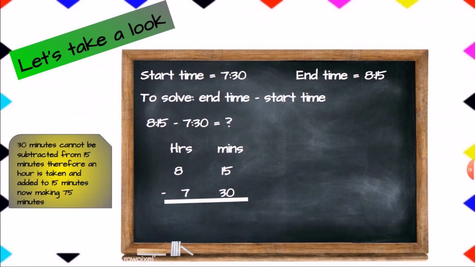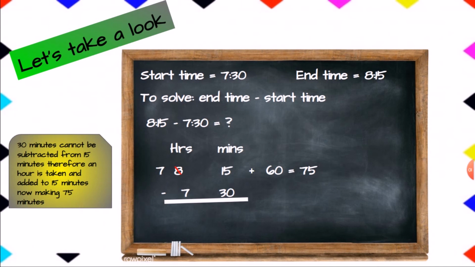So we're going to go to the hours column and we're going to take 1 hour from 8, which leaves us with 7 hours. And that 1 hour that I took, I'm going to now change it to 60 minutes and add it to my 15 minutes, and I now end up with 75 minutes.